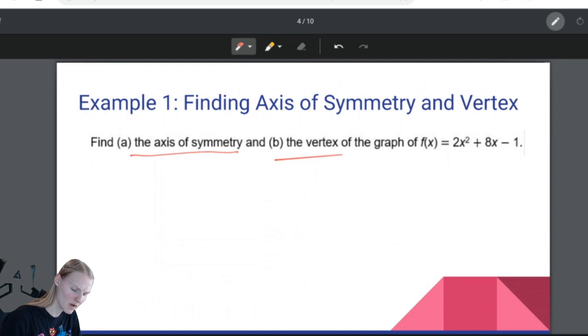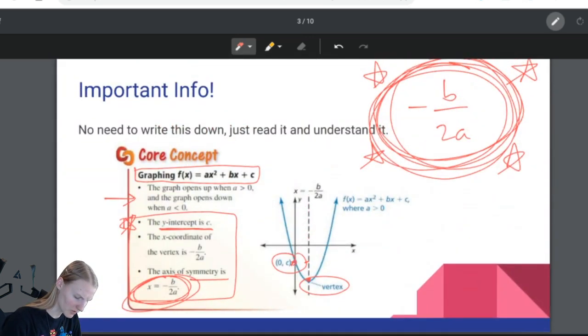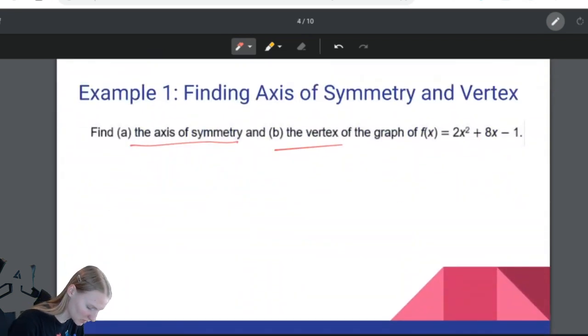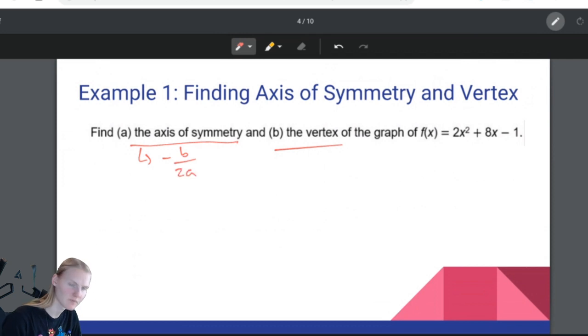Now remember, what did I say about this being your best friend because it's the axis of symmetry? Okay, cool. So, axis of symmetry, this is negative b over 2a.